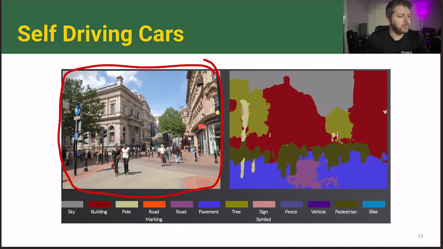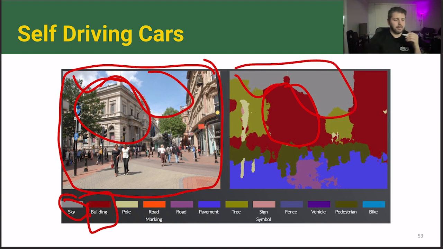For example, we see these red patches here. These correspond to the buildings. And then we see this grey over here for sky, all of this patch over here. So it's effectively abstracting away the information from the detailed stimulus in order to say, okay, please split this into what is a vehicle, what is a fence, what is a tree, pavement, road, marking, pole, etc.